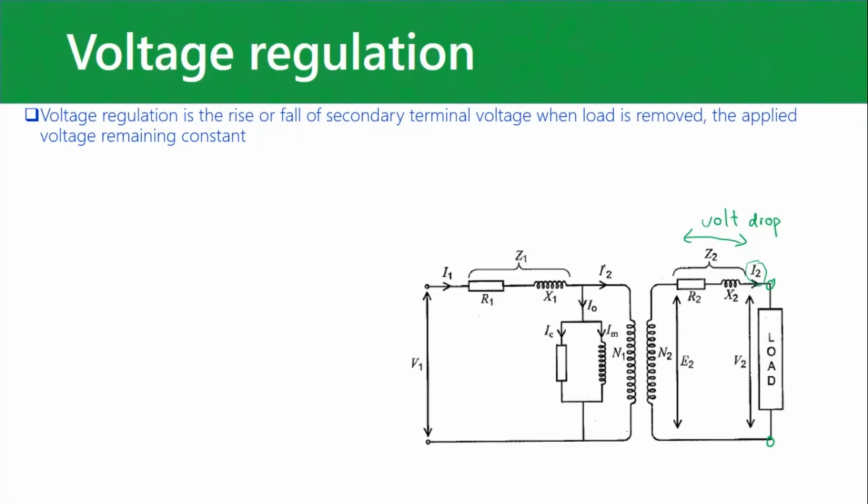This is a definition they like to ask. Voltage regulation. What does it mean? Voltage regulation is a rise or fall of the secondary terminal voltage, V2, with the applied voltage, V1, remaining constant.